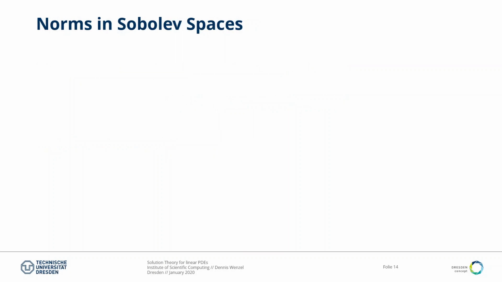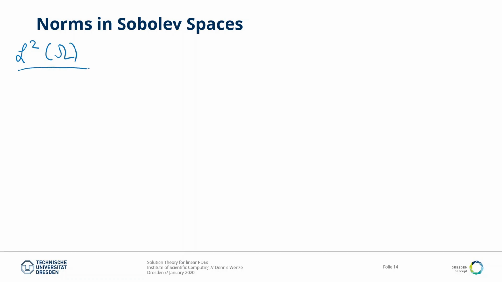And now let's get more into detail about norms. You probably remember from the last lectures that in Sobolev spaces you can always define a particular norm, but we want to go into detail here a bit more. For that, we start off with L2 of omega.